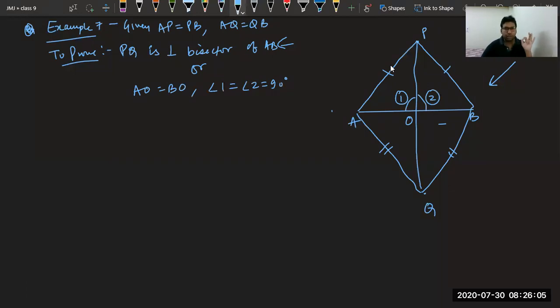If we prove this first part, AO equal to BO, we can proudly say that PQ is bisector. But till now, only half the job is done. We have to prove this PQ is also a perpendicular. To prove it a perpendicular, we have to say angle 1 and 2 are equal, and apart from that, they are both 90 degrees. Very good, Piyush.